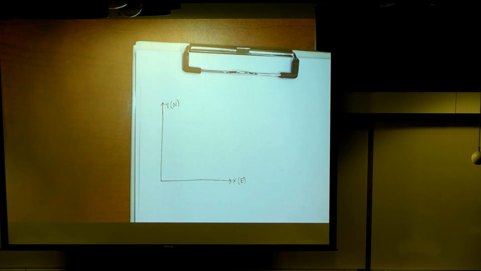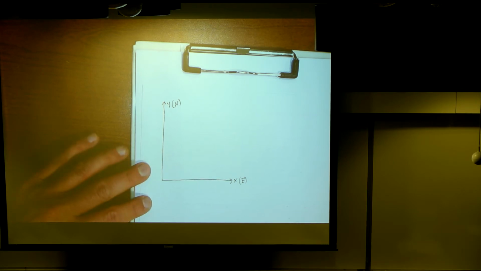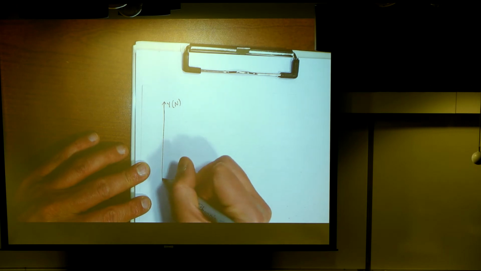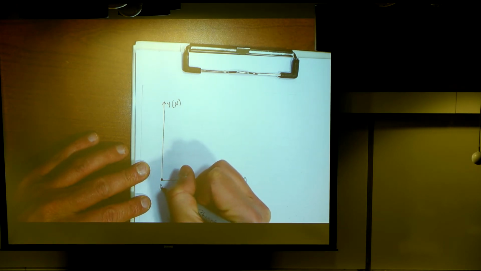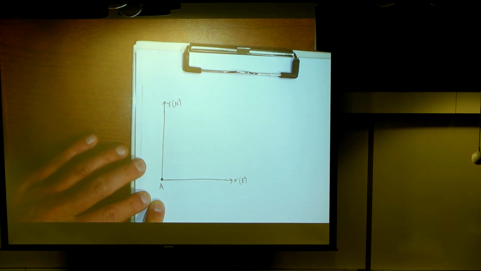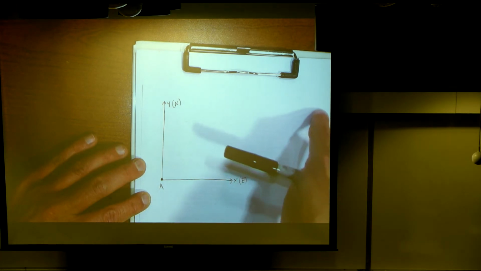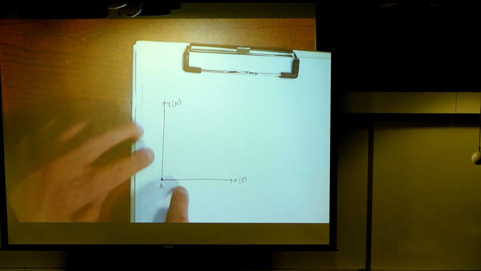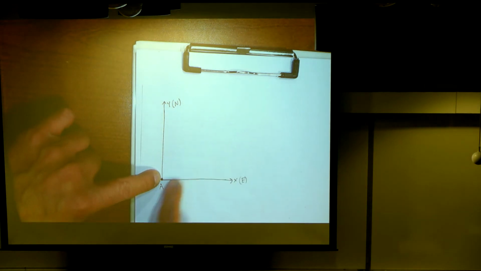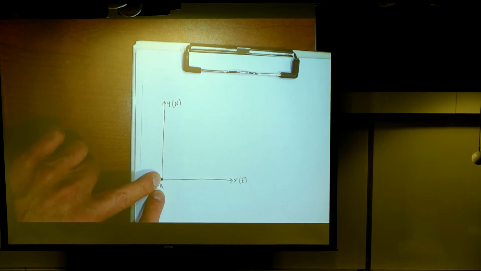I'm going to start by putting Alice at the origin. It doesn't really matter where I put Alice, as long as I put every other point in the correct orientation relative to Alice.